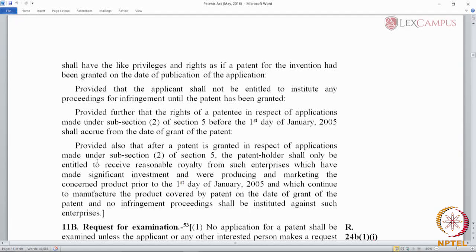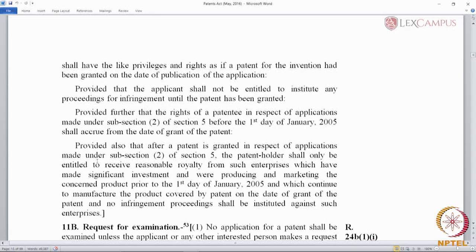So, this proviso is no longer applicable, and there were probably just a handful of cases where this proviso was attracted, and one such case was the Novartis versus Cipla or Novartis versus Ranbaxy.